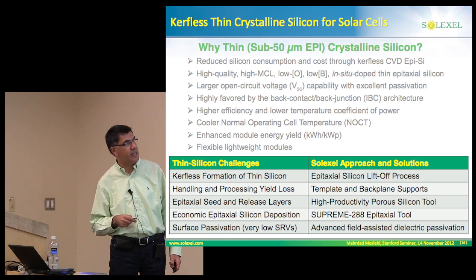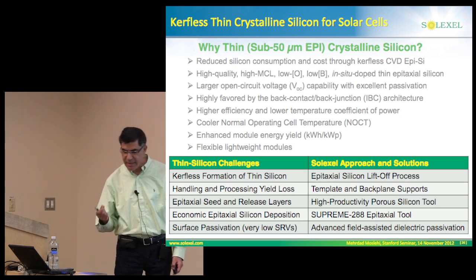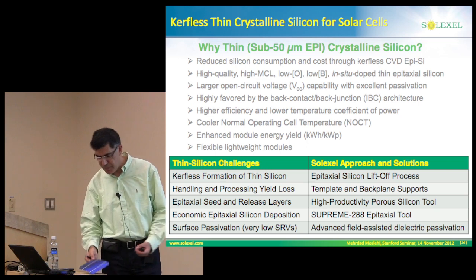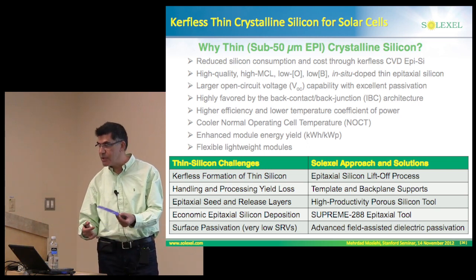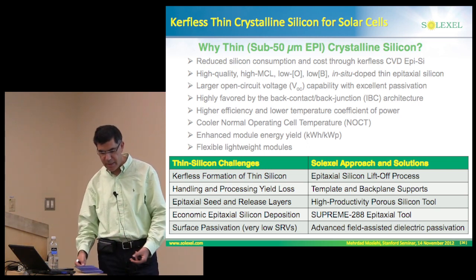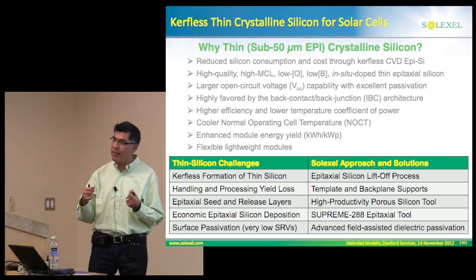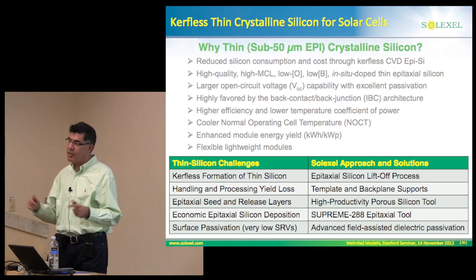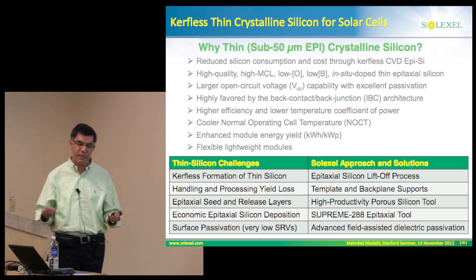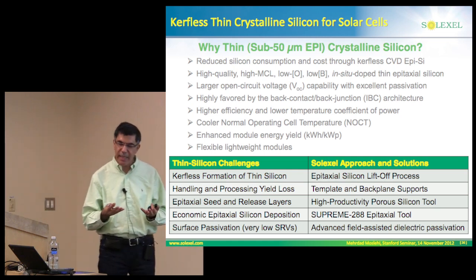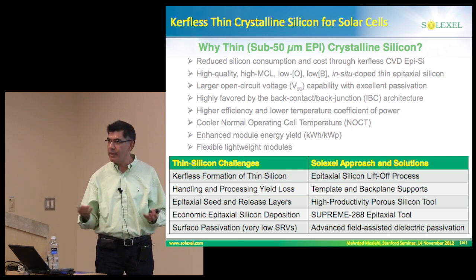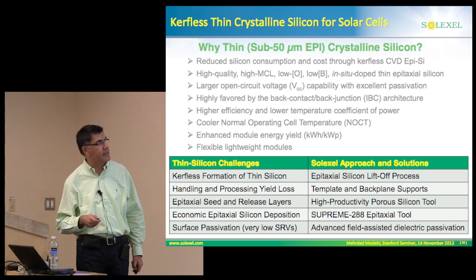And overall enhanced yield because of all of this. And with thin silicon, if you slightly bend or drop a standard cell, it will shatter. But in the case of Solexel, we can make semi-flexible cells that can conform to curved surfaces, and we can package them without glass. Very lightweight, much lighter than glass.